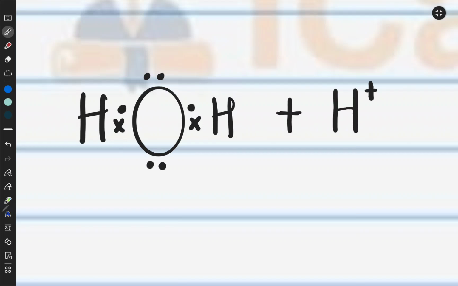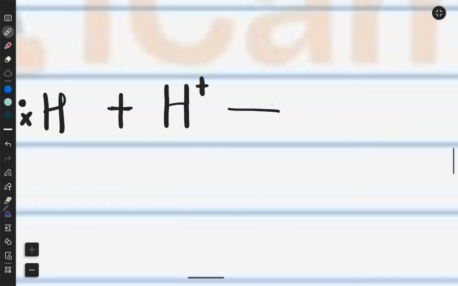So it will choose between this lone pair and that lone pair, because it only needs two electrons in its outer shell. It won't necessarily take these electrons to itself, but it will come and sit here so that it can share with oxygen. Now it's happy. It has 2 electrons in its outer shell. So this is how you would draw it.